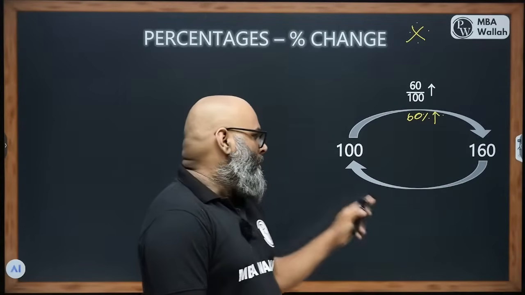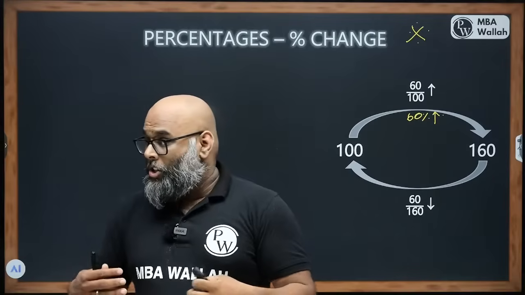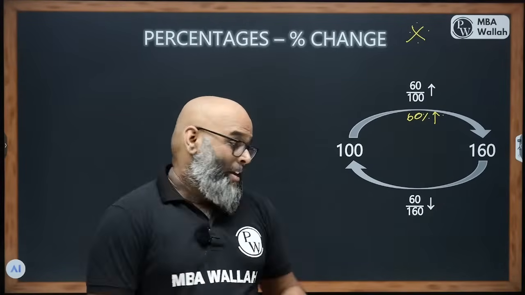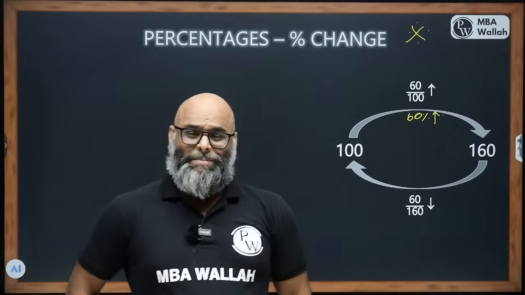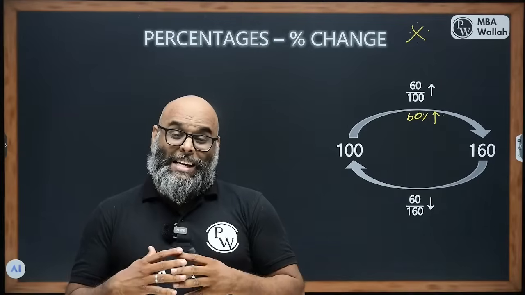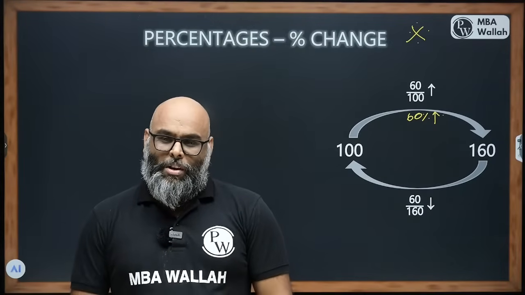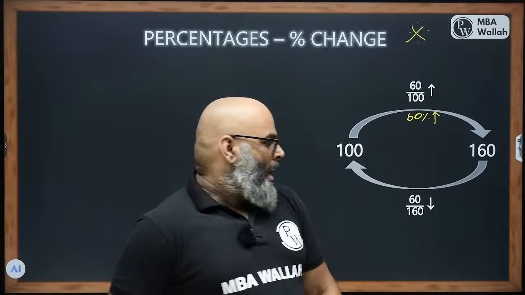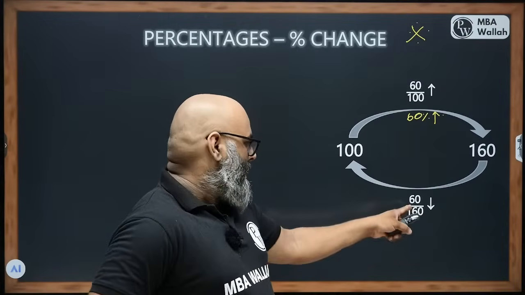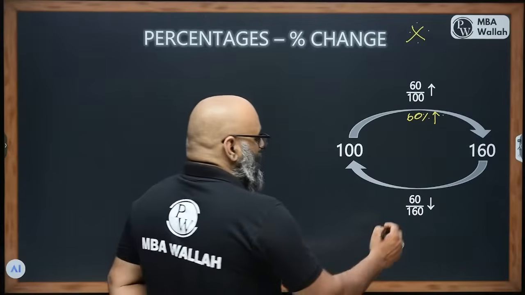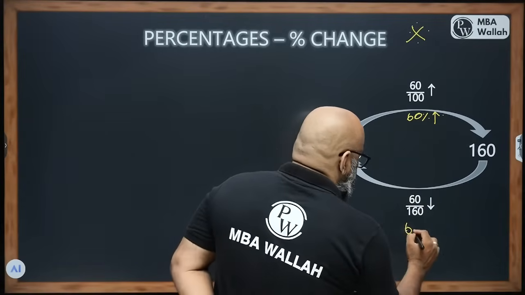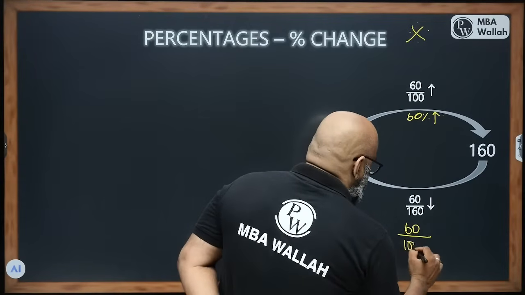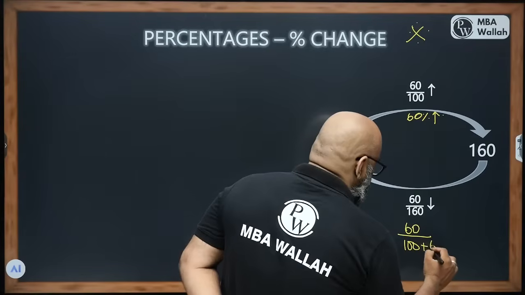But from here to here, the change is still 60, but from 160. The base has changed. Clear? Now, can I look at this and say, hey, this I can write as 60 by 100 plus 60.